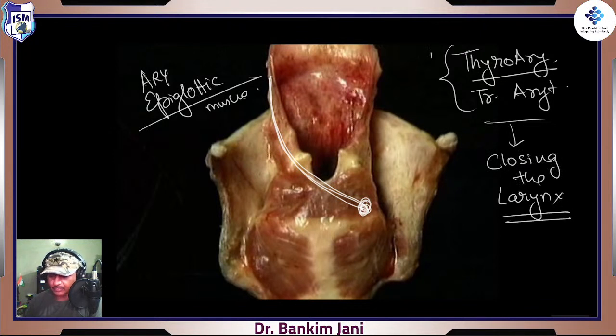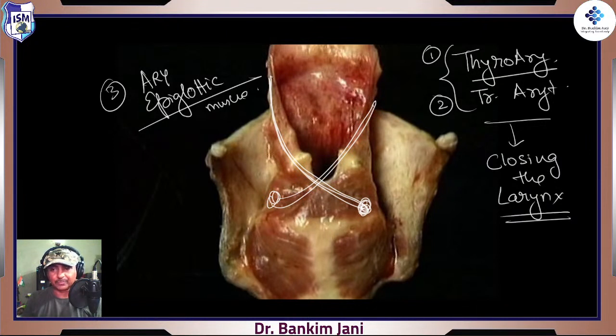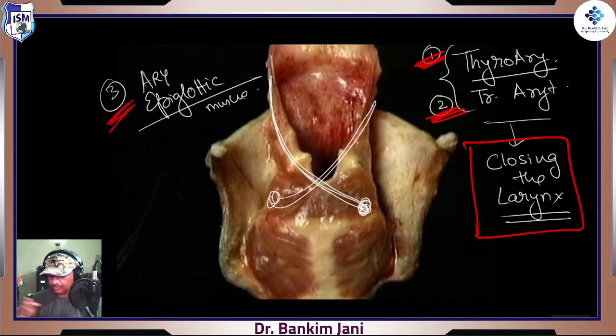Add one more muscle, and it is this epiglottic. So epiglottic, it goes like this, cross. So this is like a sphincter action. So these three muscles, one, 2, and 3, all three combined, they lead to closing the larynx.